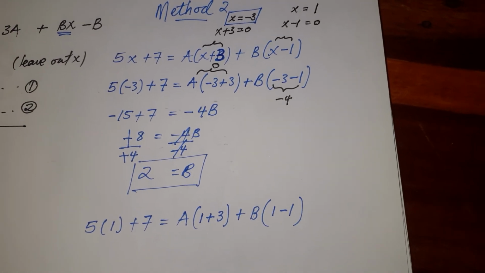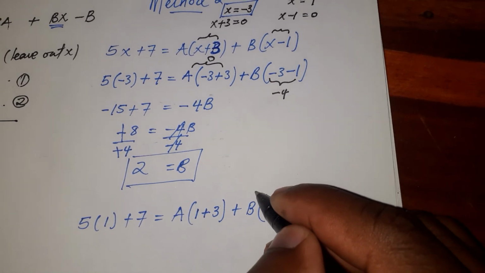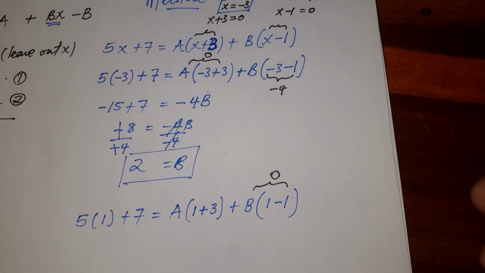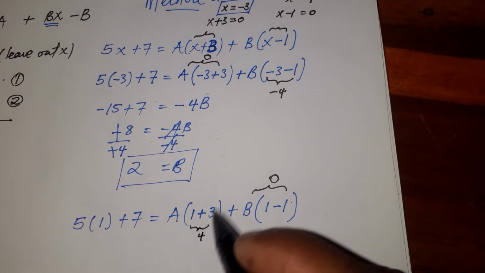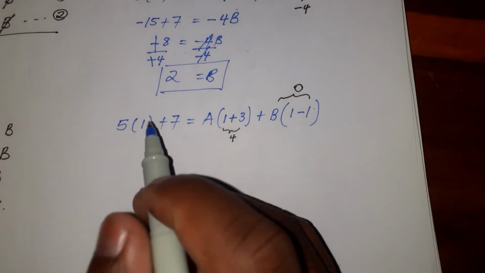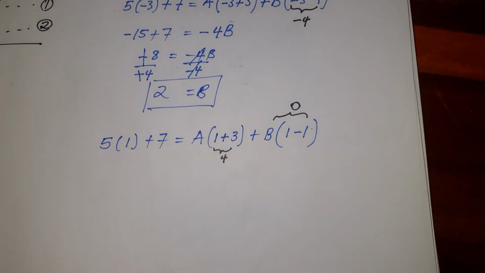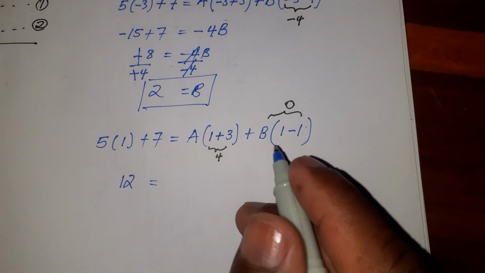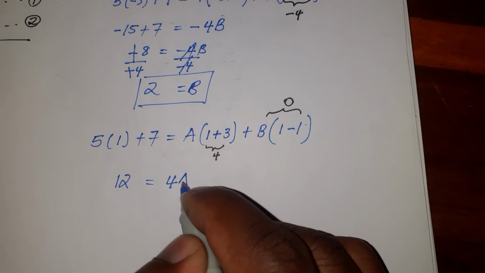Now what we can see here is that 1 minus 1 is 0, meaning this thing that we have here will give us 0, while what we have here will give us 4. Then what we can now do, 5 times 1 is 5, plus 7, we should get 12. 4 times a, we get 4a.